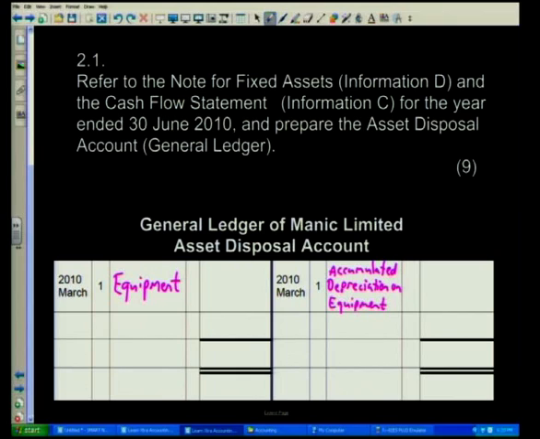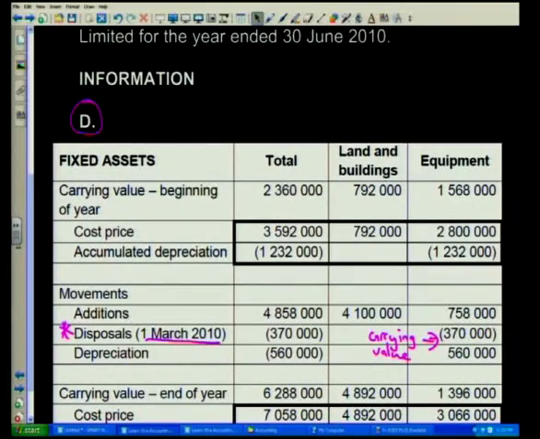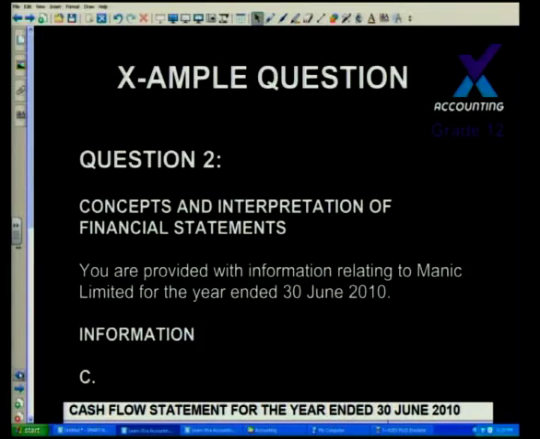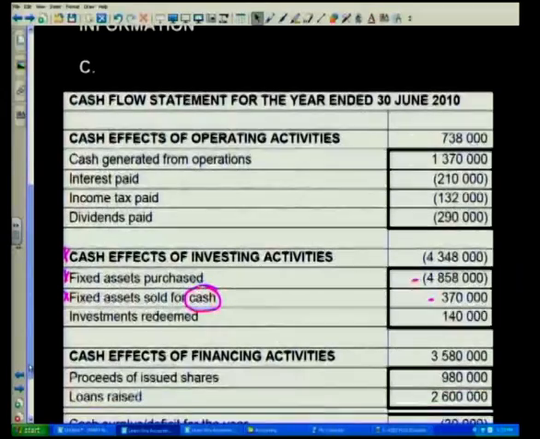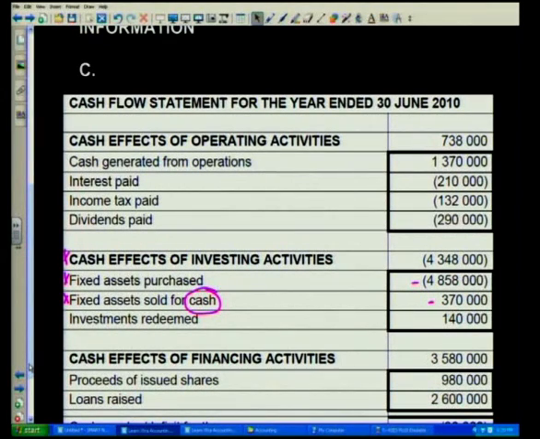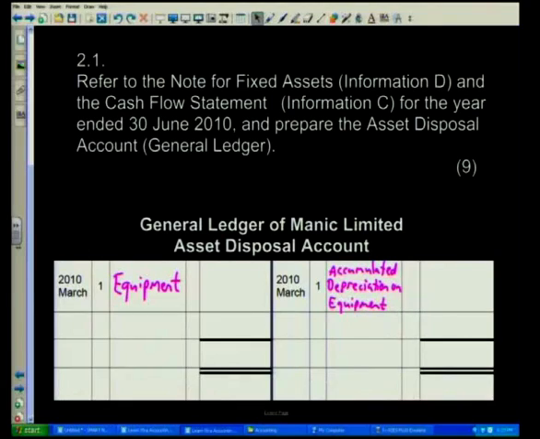You'll remember that we also have on the credit side of this account the selling price. And we know that this vehicle was sold for cash. How do we know that? Because in the cash flow statement, it tells us that fixed assets were sold for cash. So we can very easily, on this side, include the word bank.